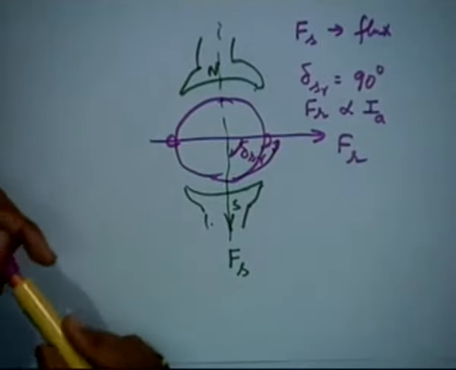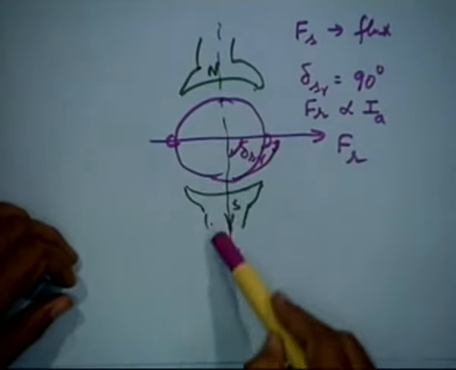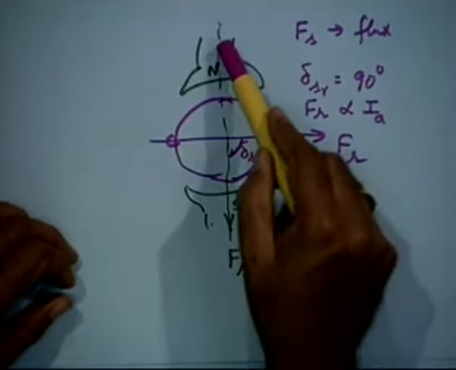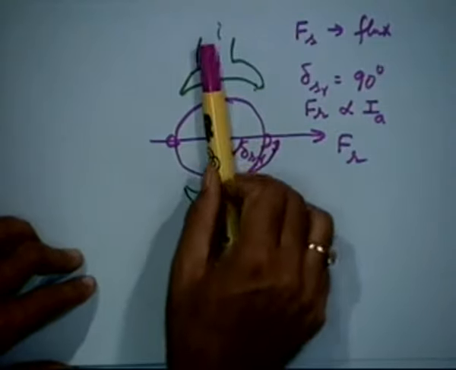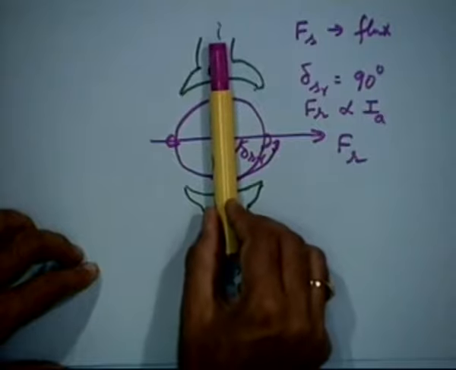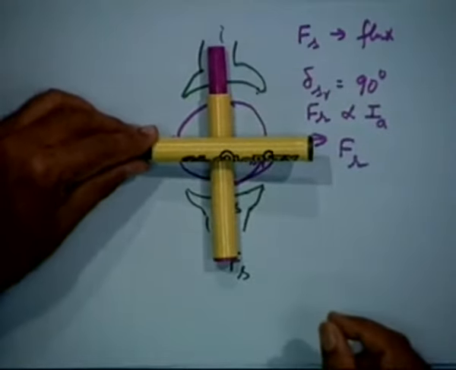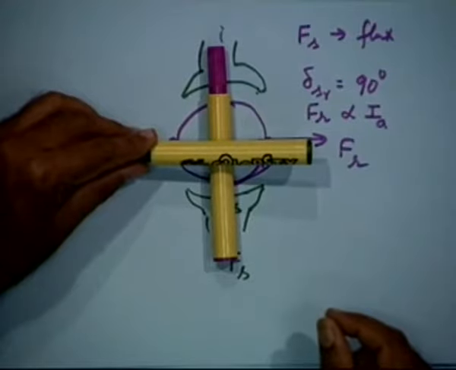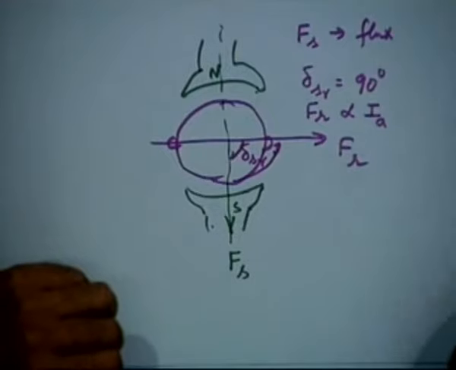So the armature current will produce the armature MMF, and the flux per pole is the one which will decide Fs. So we have one magnet, the stator magnet, and one magnet, the rotor magnet, always at 90 degrees. That is one of the great advantages of the DC machine.